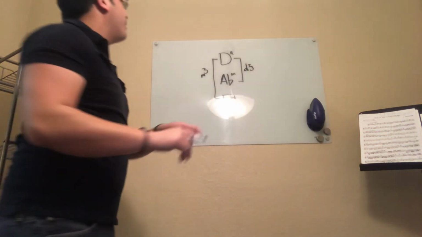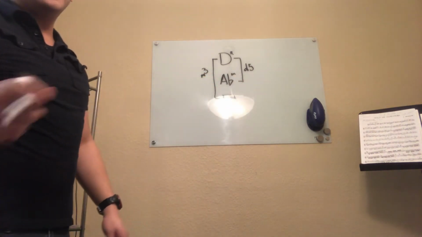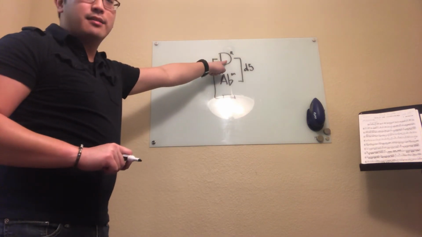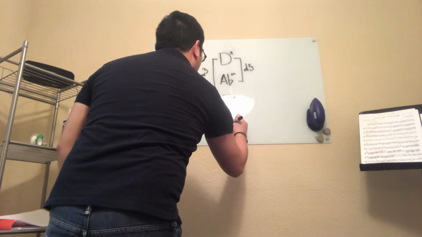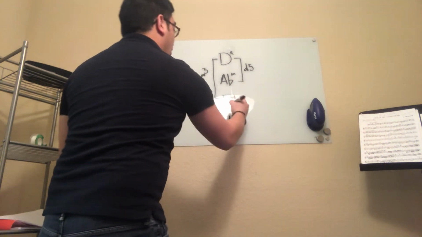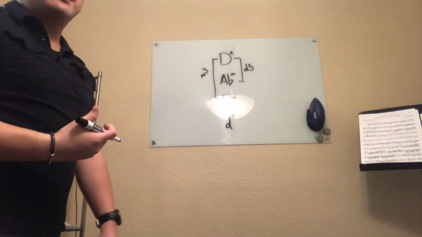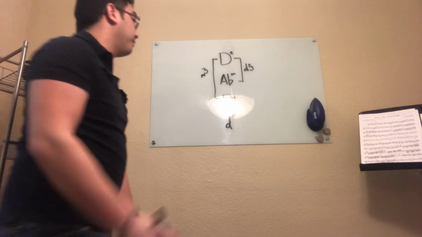So since I have a minor third and a diminished fifth, I know that I have a diminished triad, and the root of this triad is D. So to write a diminished triad, it's a lowercase letter and a circle. And since I already said that we are in first inversion, here's how you write it.